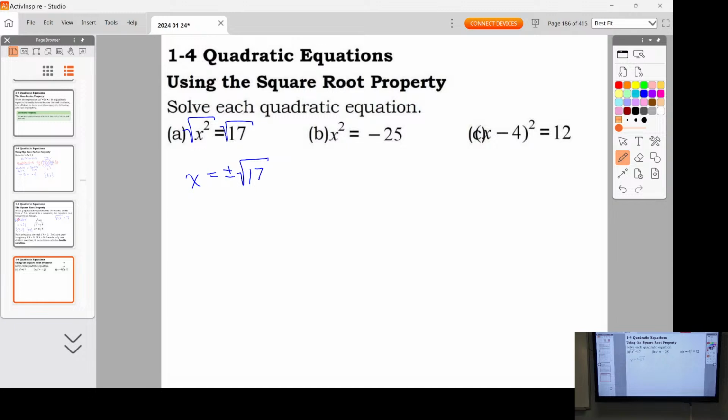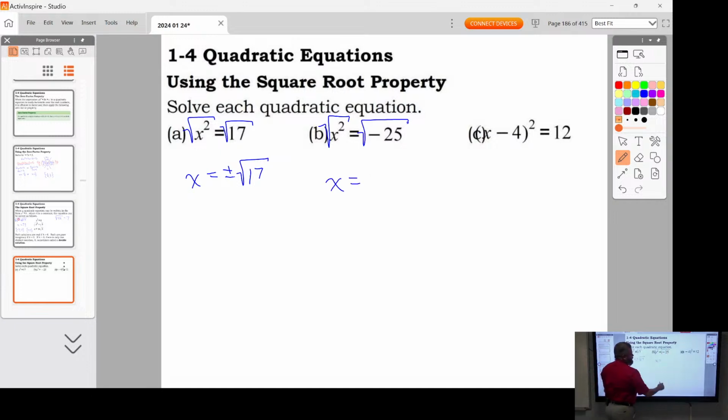All right. B. X squared equals -25. Okay. Do I have x squared equals k? Yes. To get x by itself, square root of both sides. Square root of x squared is x.